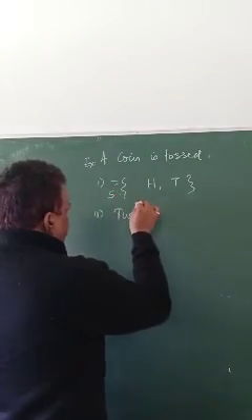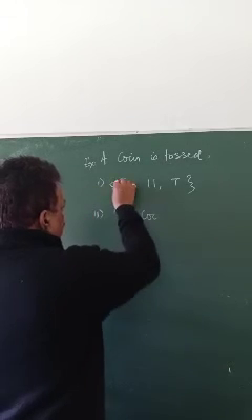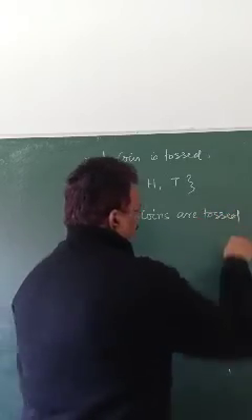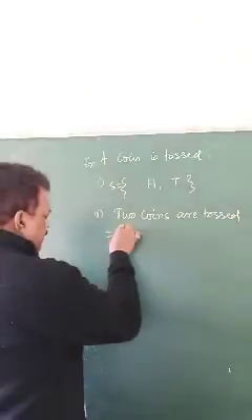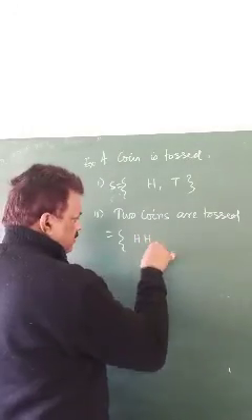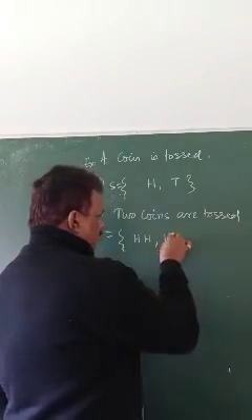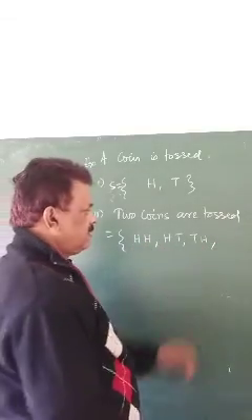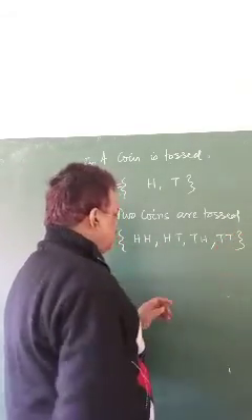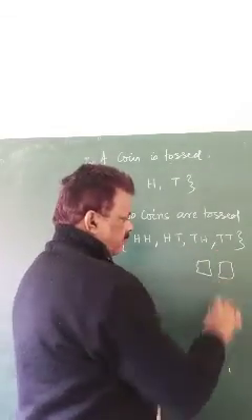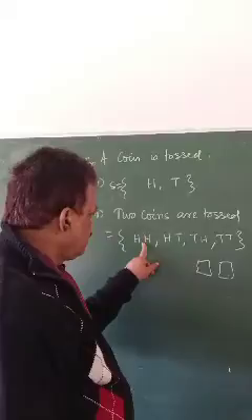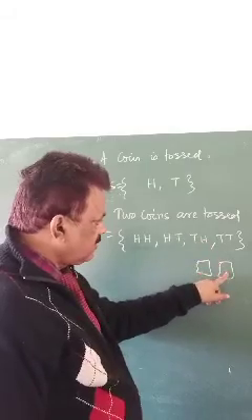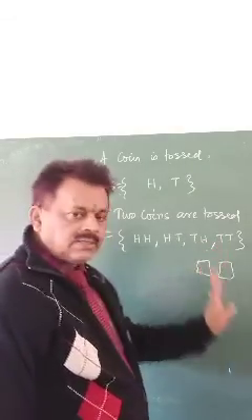This is your sample space. 2 coins means either 2 heads, or 1 head and 1 tail, or tail and head. Meaning if there are 2 coins, first is head and second is head, or first is head and second is tail, or first is tail and second is head, or first is tail and second is also tail.